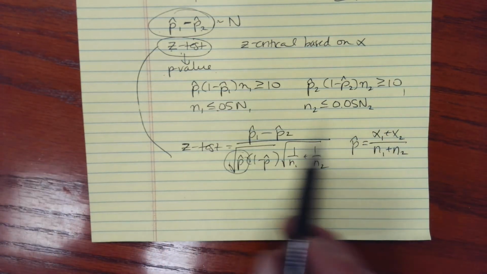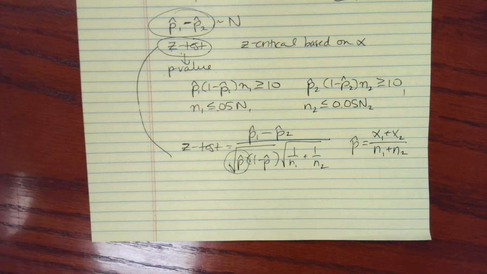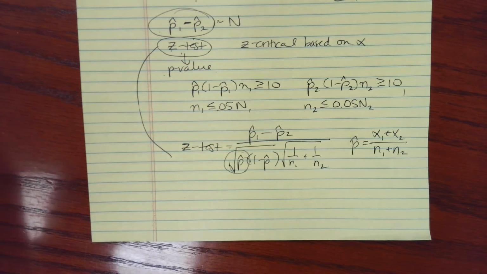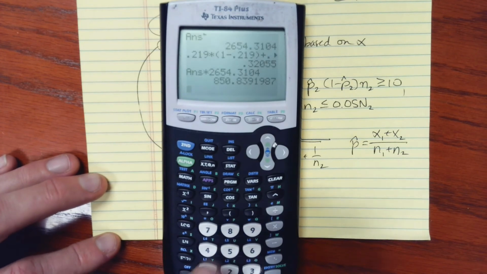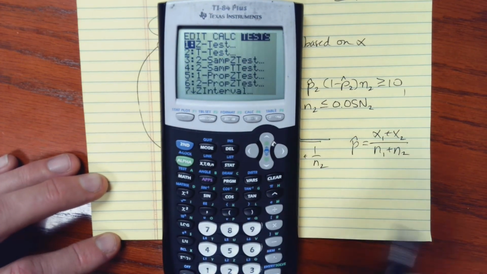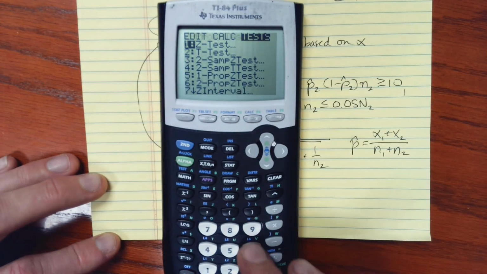Now, of course, you can do this by hand, but I want to show you that there is an option in a TI-84. If you look in your stat menu under test, the sixth option is this 2 proportion z-test, so option number 6.